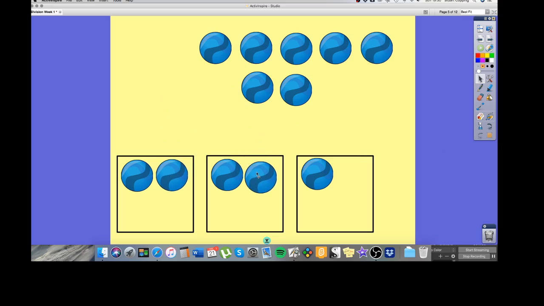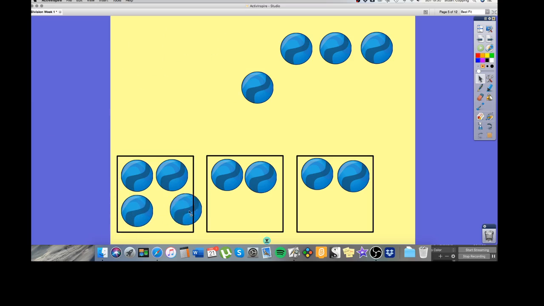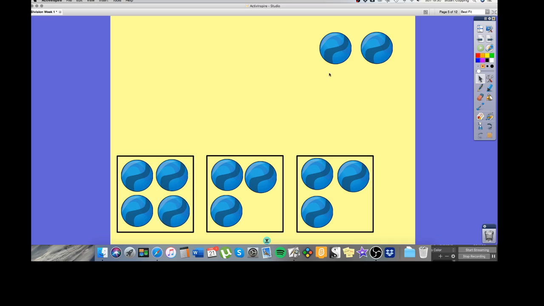So 1 in there, 1 in there, 1 in there, 1 in there, 1 in there, 1 in there, 1 in there, 1 in there, 1 in there. So I've got none left. So in this group, I have 1, 2, 3, 4.